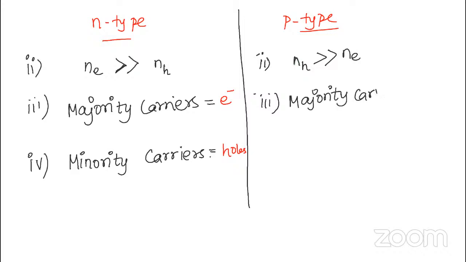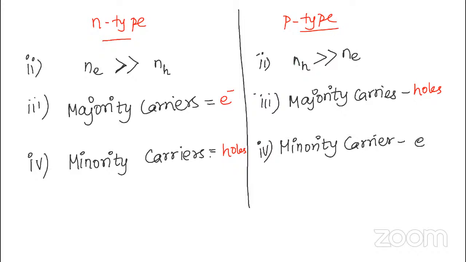For the P type, the majority carriers are holes. And for the minority carriers, here the minority carrier is electrons.